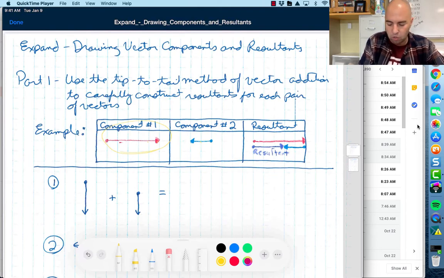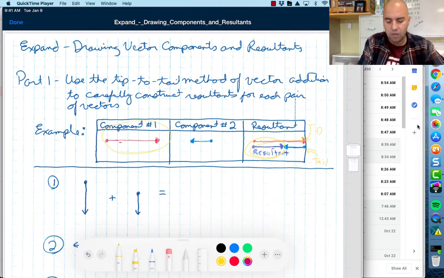So the first one goes 5 to the right, and I take the tip of the first one and match it up with the tail of the second one. So here's the tip of the first one, here's the tail of the second one, and I go and then take it 2 to the left. That means what's left over is the resultant.